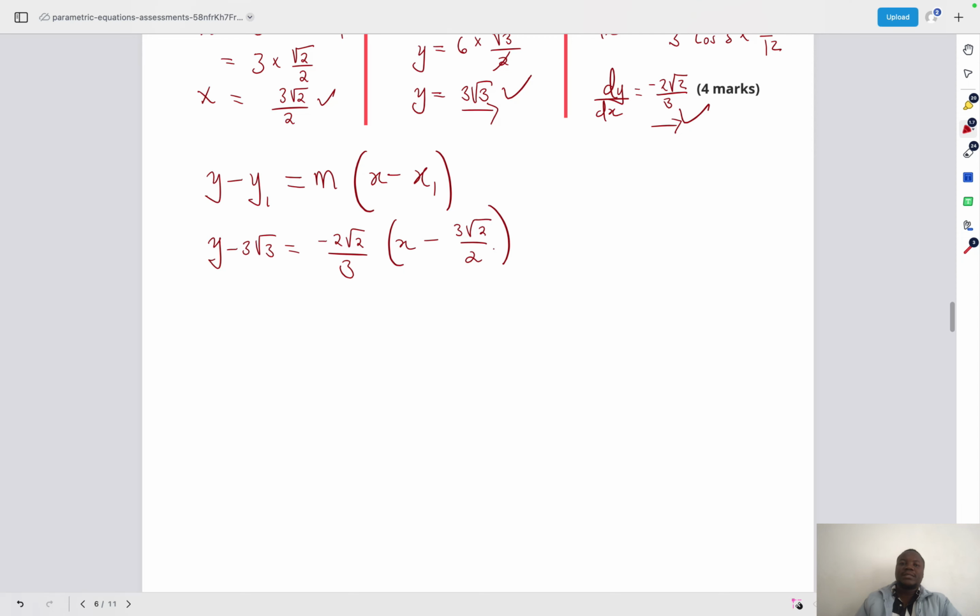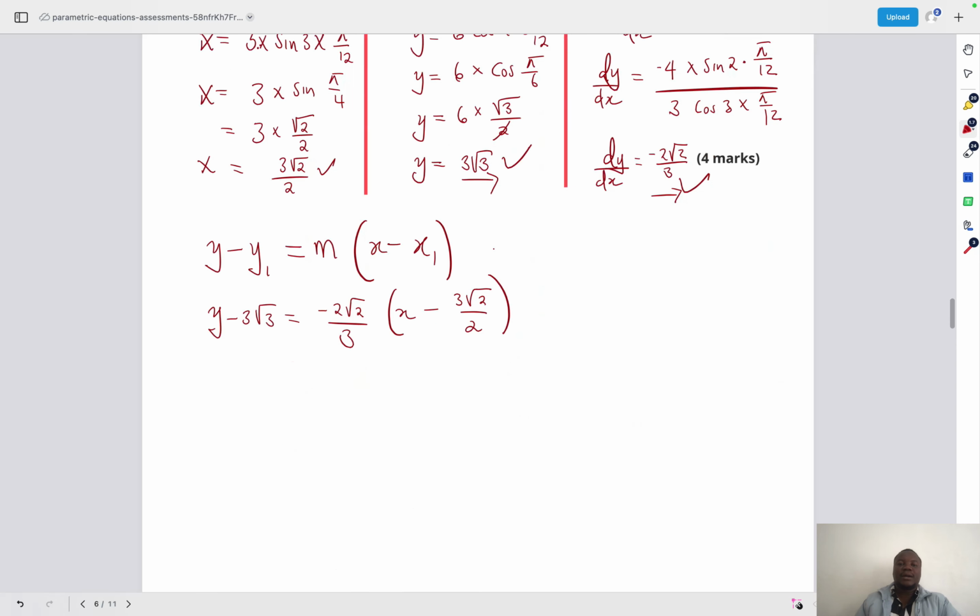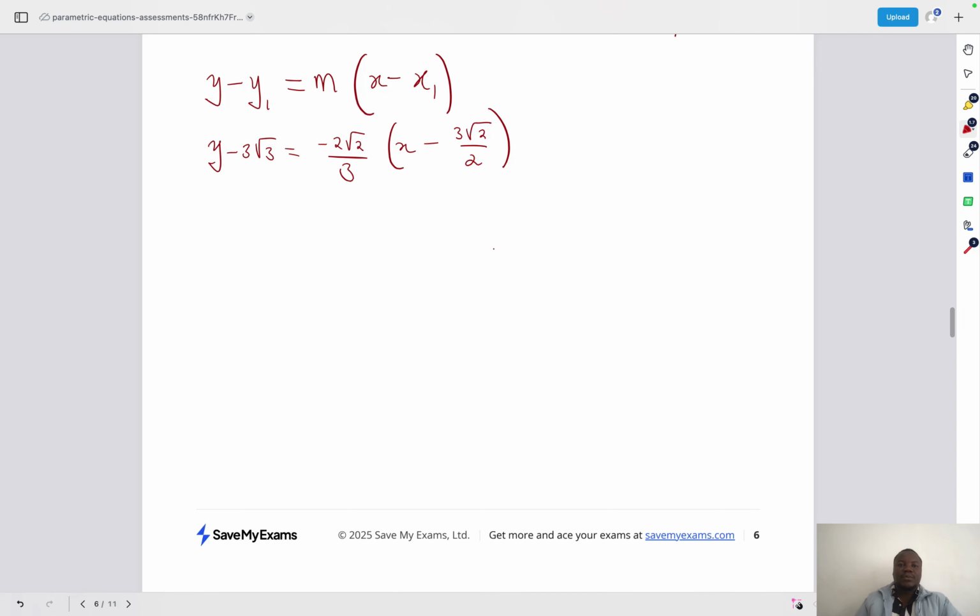So all we are doing is expanding this and collecting everything on one side. It must give us this equation here. What I normally like doing is I'll expand the brackets first. So expanding that means this is going to be negative 2 root 2 over 3, and we put our x here.